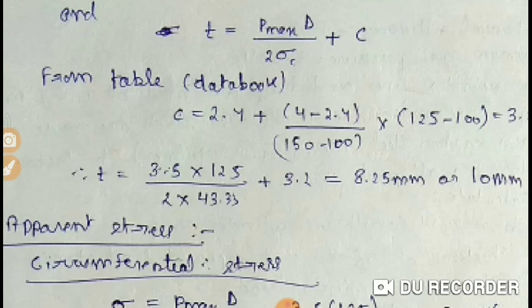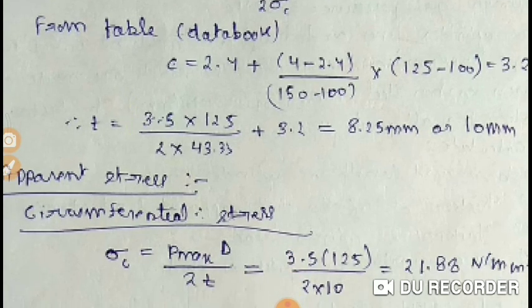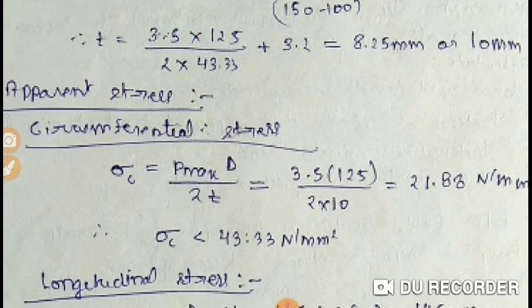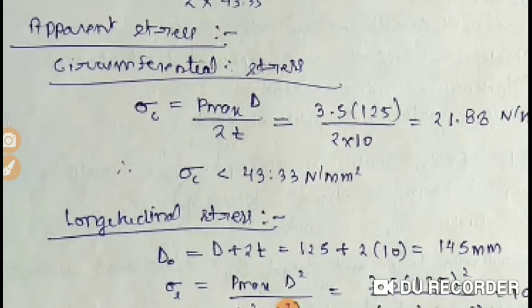Now calculate this small t. Here we have simply applied the interpolation that you already know. Now calculate the value of the induced stress, with the help of the formula sigma c equals P max D upon 2t.